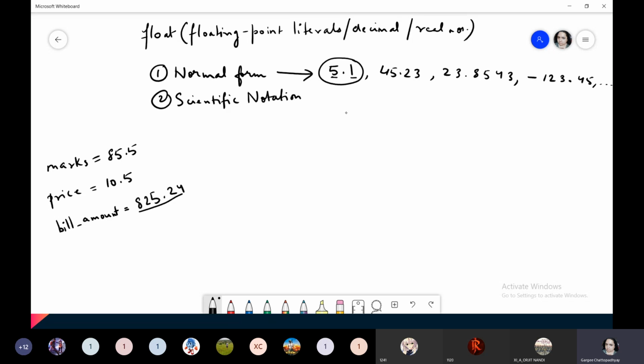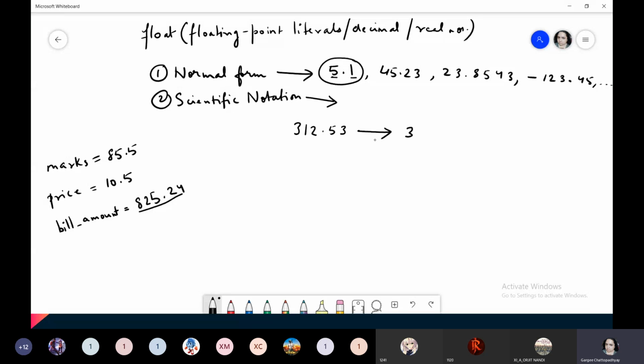Now here the floating point number is very simple. That is, it is written in the normal form. Now scientific notation. For example, I have 312.53. Express this in the form of scientific notation.